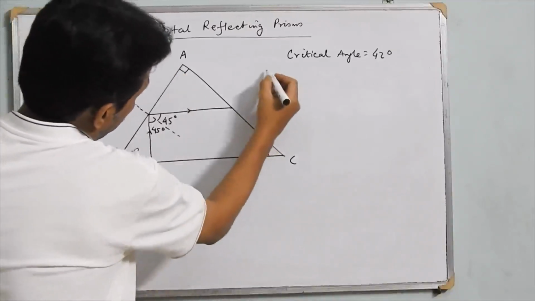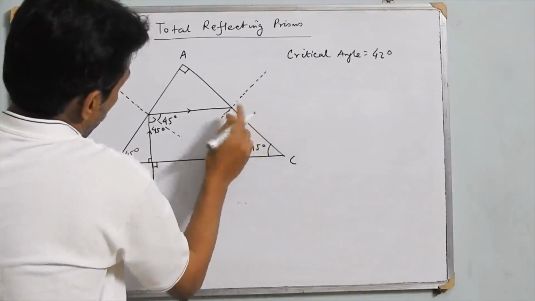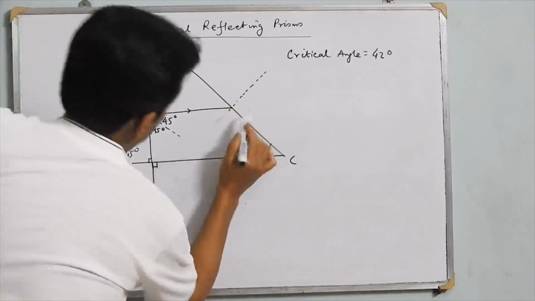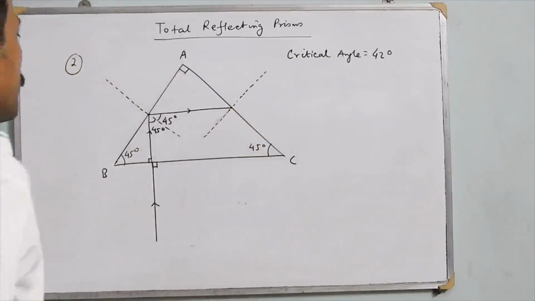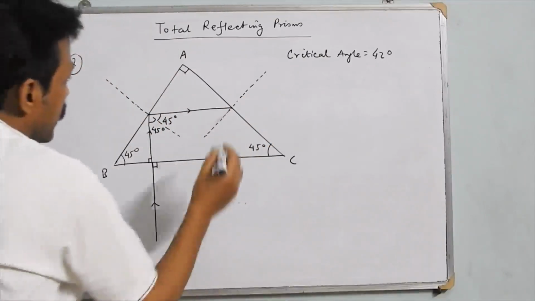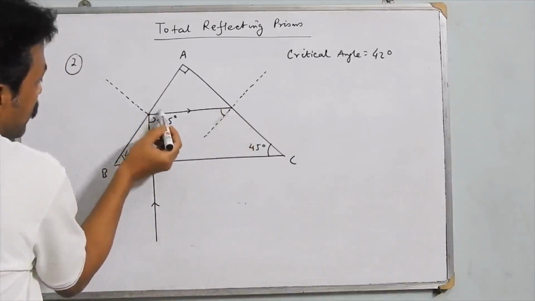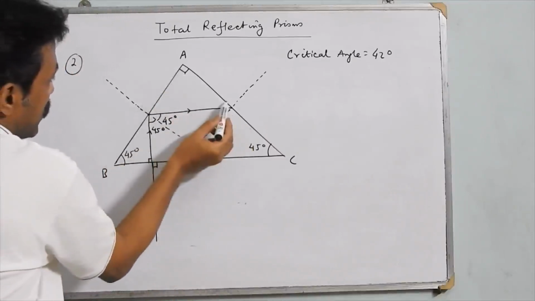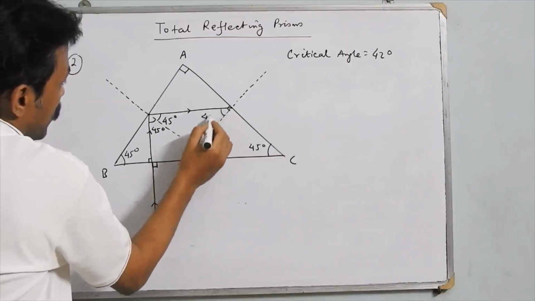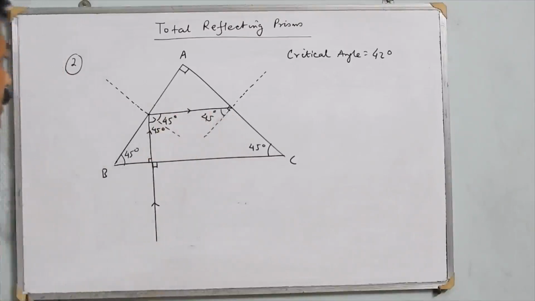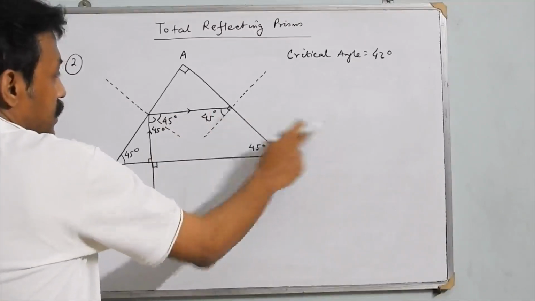At that point on the surface AC, we draw a perpendicular. Now, what will be this angle? This angle is 45, so this angle is 45. This is 90 degrees, so this angle is 45. That means because this is the normal, this angle is also 45 degrees. Now again, the ray is moving from denser to rarer, glass to air.